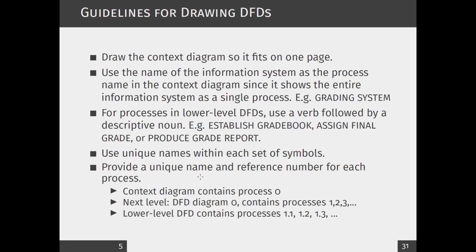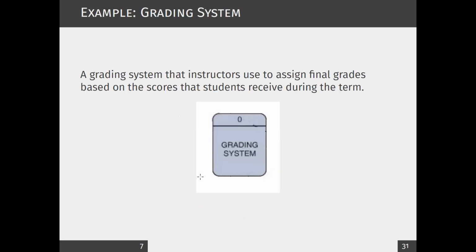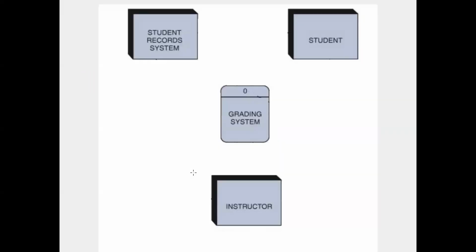Right. Now let's take an example, the grading system. So the first step, as I told you earlier, you put up a rectangle box and you write the name of the system, grading system, and you put up 0 to indicate that this is the starting point. The next one, you will put up all the external entities.